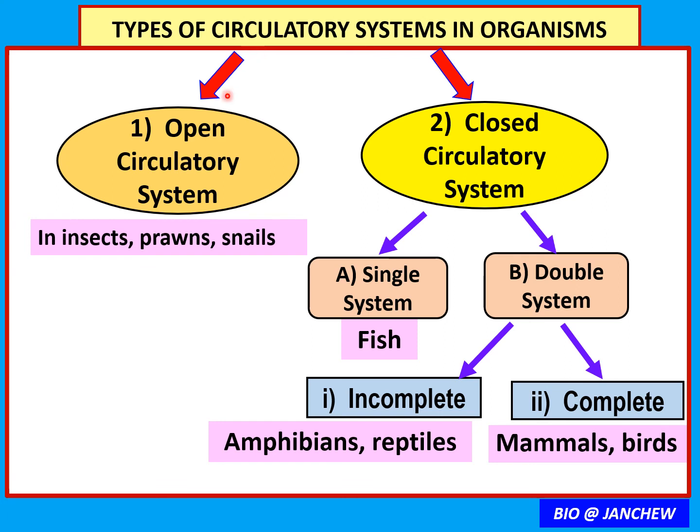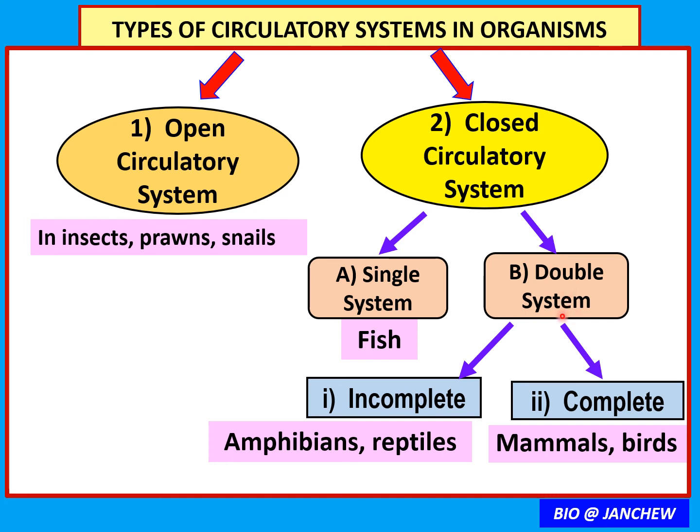So we are going to look at the types of circulatory systems in organisms in more detail in the next video. Okay, so we'll be discussing the open circulatory system in insects more thoroughly. Then we'll look at the closed circulatory systems found in the vertebrates. For example, the closed circulatory system can be divided into the single circulatory system found in fishes, and the double circulatory system found in the other vertebrates.